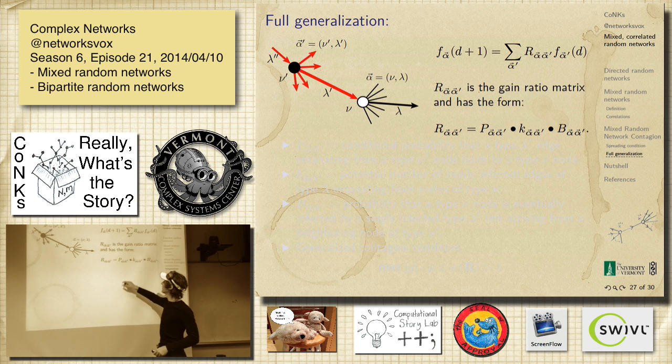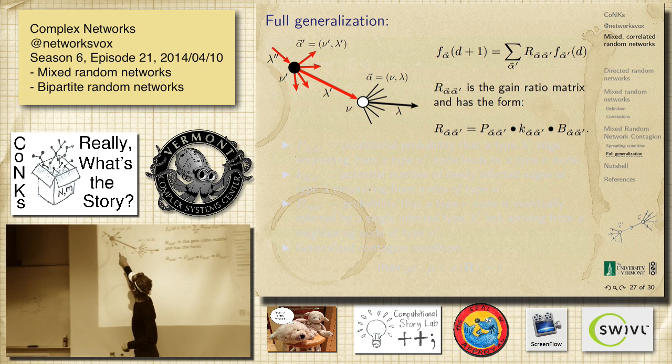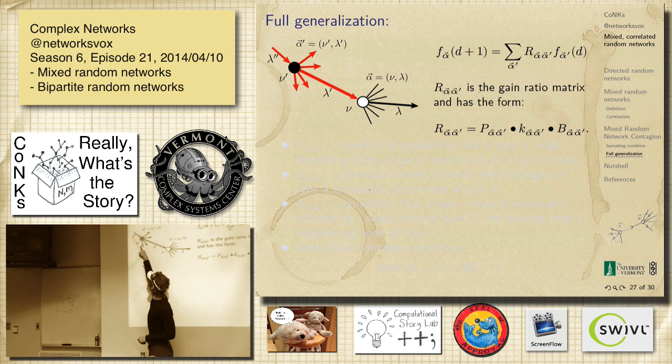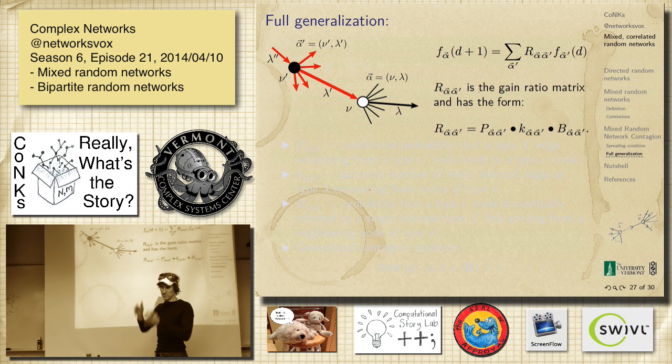It's really just a slide where I'm going to tell you about this. So same sort of thing we've been doing. We have some growth gain ratio. Now it's got these alphas floating around, and they're very general, right? So alpha is this little pair, and it's nu prime, and nu and lambda in general. So nu is all these attributes of the node, and lambda contains attributes of the edge.